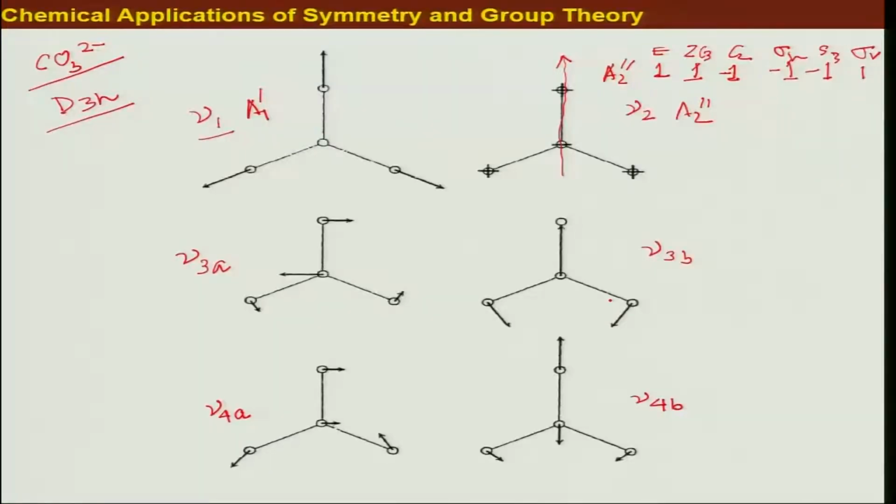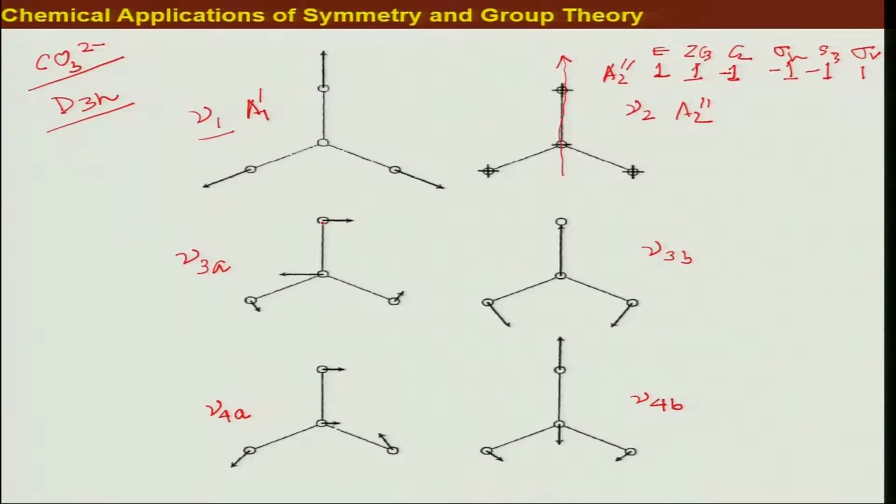So what we can think of is the following. When you apply the symmetry operation, say for example C3, on one of the structures, nu 3a, it will transform to a new configuration, which will be nu 3a prime, say for example.